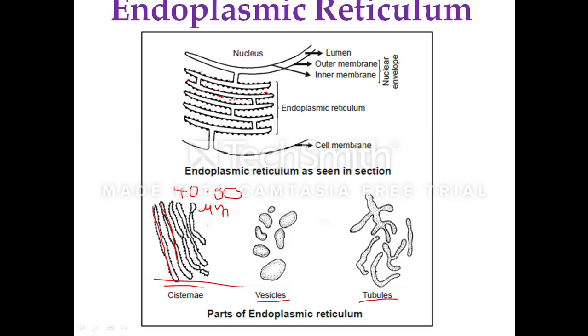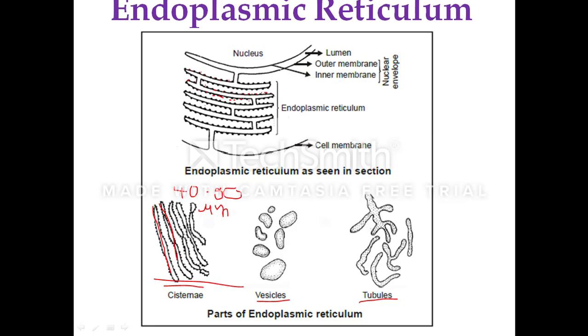Usually the cisternae form the rough endoplasmic reticulum, which occurs in cells with a synthetic role, such as cells of the pancreas, notochord and the brain.